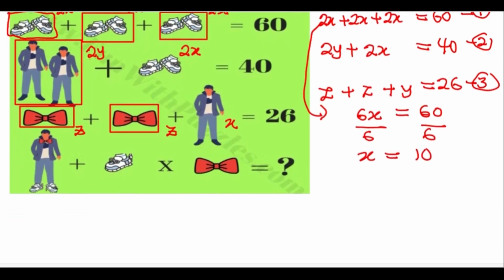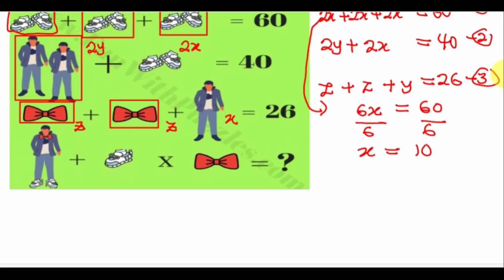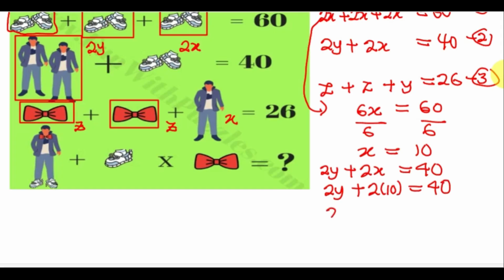Now let's look at the next equation. From equation 2, we are told that 2y plus 2x equals 40, but we have solved for x and got 10, so that gives us 2y plus 2 times 10 equals 40. So 2y plus 20 equals 40.